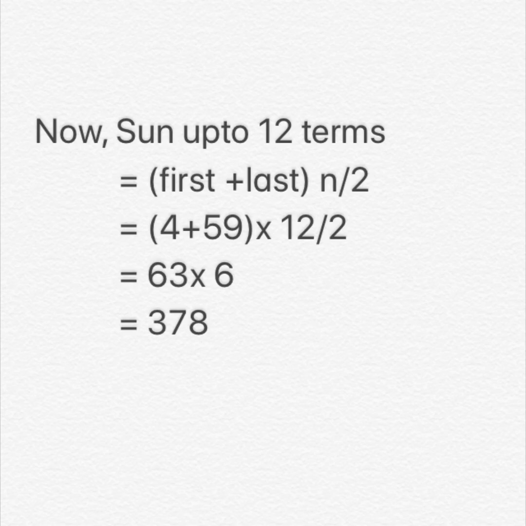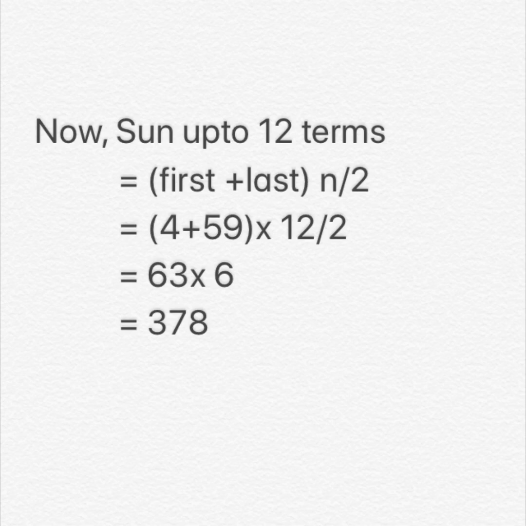Now let's move on to find the sum up to 12 terms by using the formula: first term plus last term, and after this the sum is to be multiplied by half of the number of terms, meaning n by 2, if n is the number of terms. Well, the first term is 4, the last term we have just found, 59. So that is written as 4 plus 59 inside brackets.